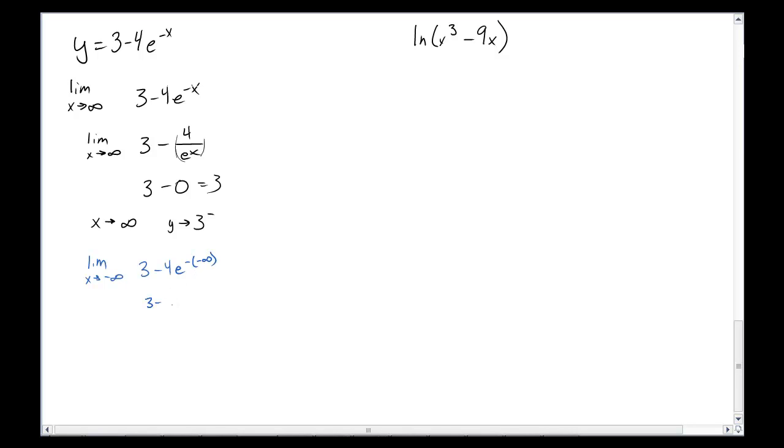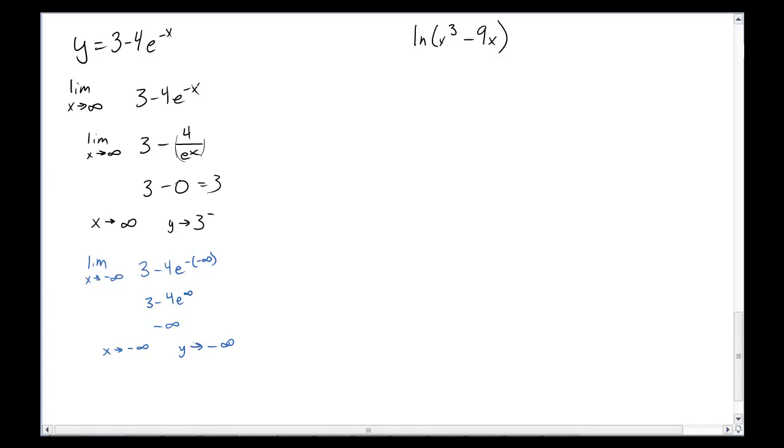Well, I'm going to get 3 minus 4 times e to the infinity, and e to the infinity is pretty much infinity. And so 4 times infinity is still pretty much infinity, and 3 minus infinity would be pretty much negative infinity. So therefore, as x approaches negative infinity, y also approaches negative infinity.